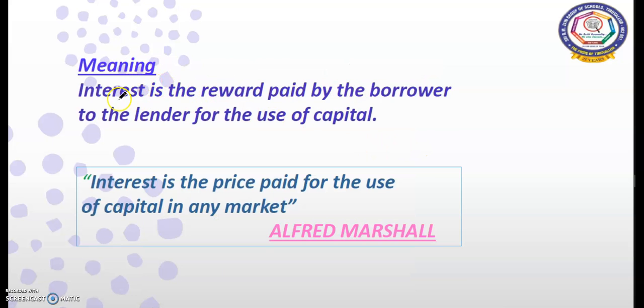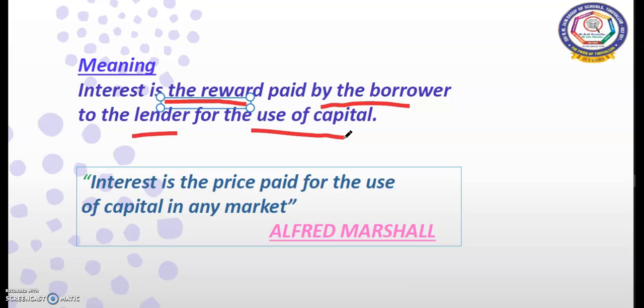Now, meaning. Interest is the reward paid by the borrower to the lender for the use of capital. So, if a person is going to invest a certain amount in a business, then he will be getting revenue through that business.